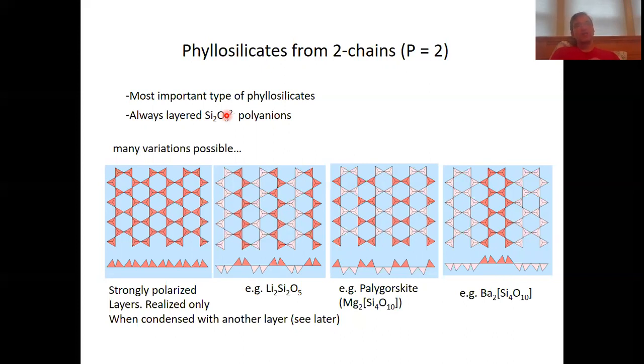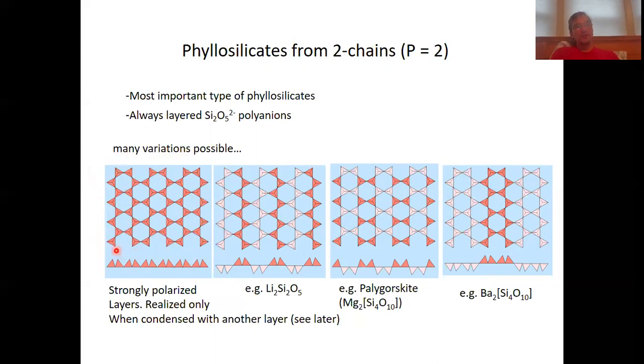All right, so now there are many variations of the theme possible for how we can realize phyllosilicates from two chains, and 4 of them are illustrated on the slide here. So here you see the first one. This is in a way the most simple one.